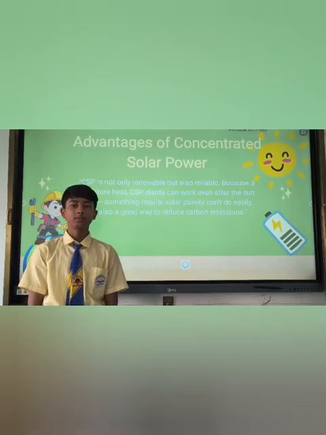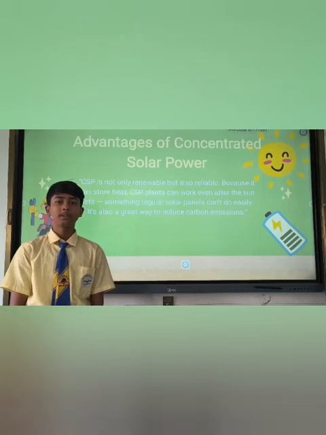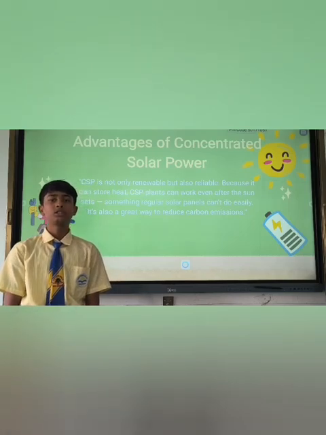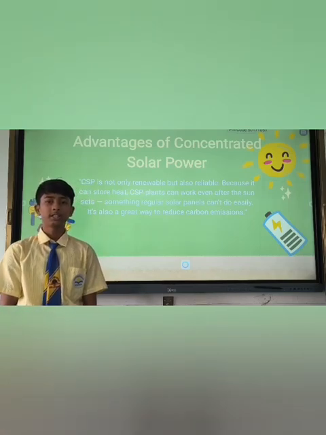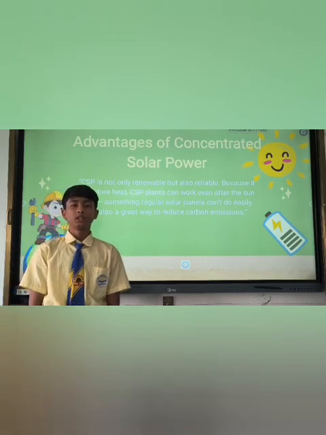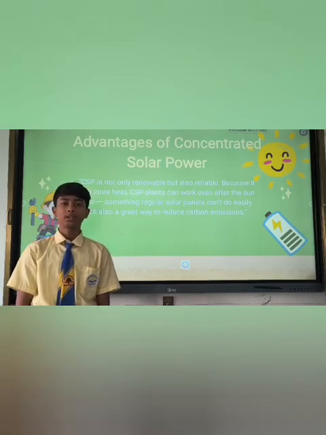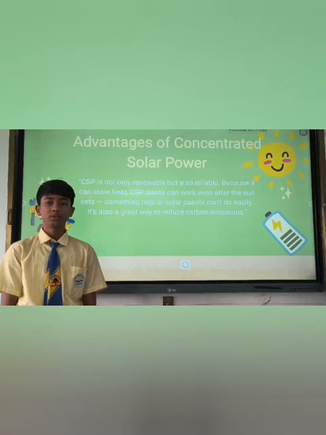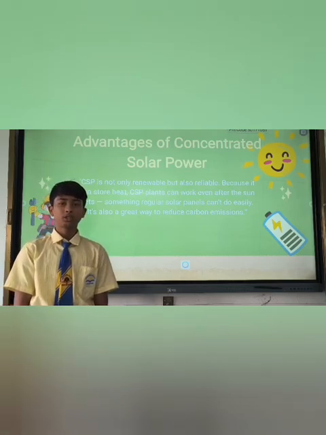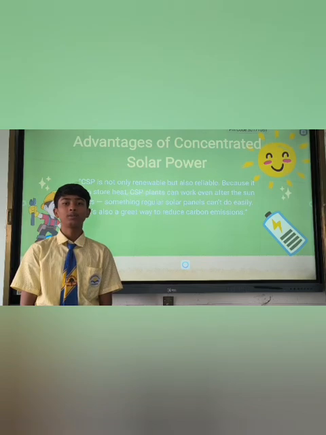Through the concentrated solar project, we learned how sunlight can be captured, concentrated and stored as heat to produce electricity efficiently and sustainably. Concentrated solar power systems can reduce our dependence on fossil fuels, lower pollution levels and support a greener and cleaner future.